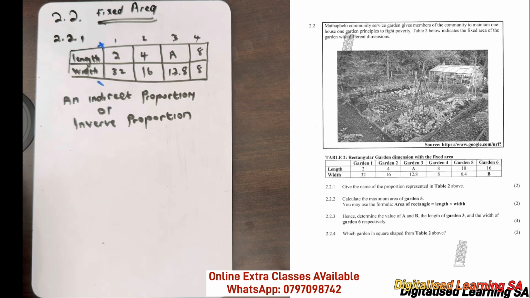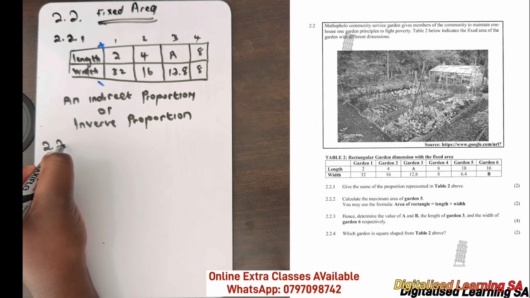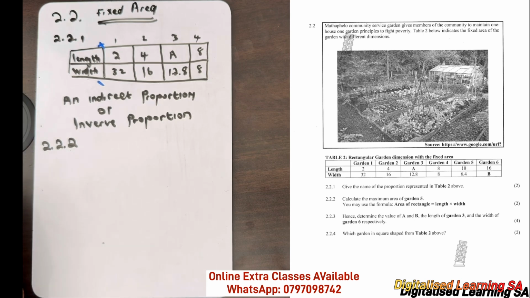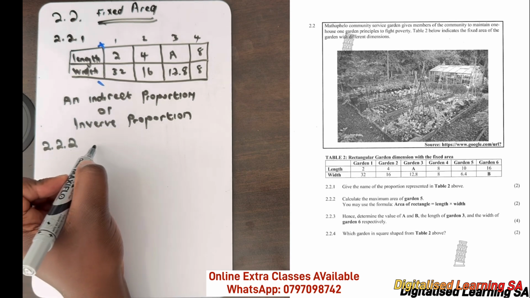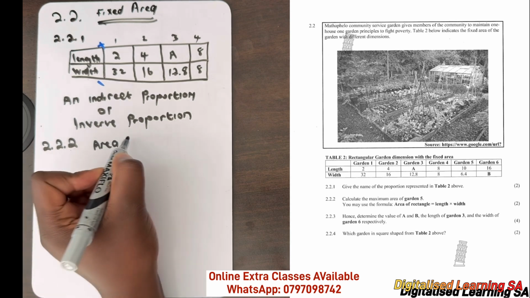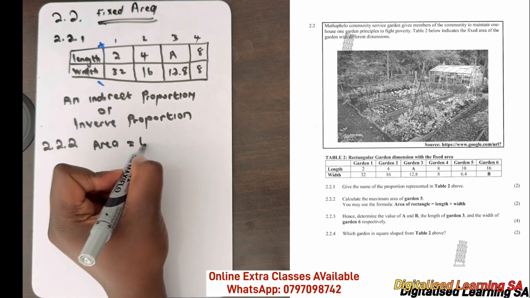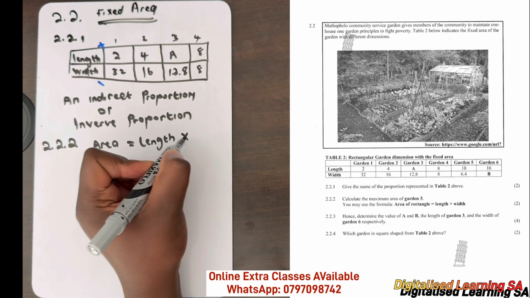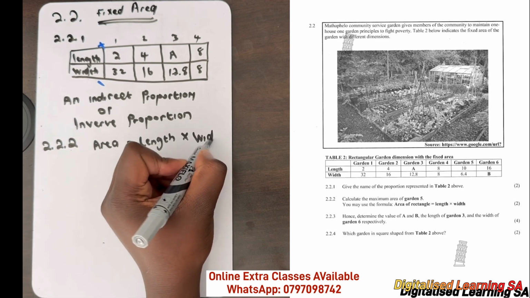Okay, so now let's move to the next question, which is question 2.2.2. Question 2.2.2 says: calculate the maximum area of garden 5. You may use the formula area equals length multiplied by width.